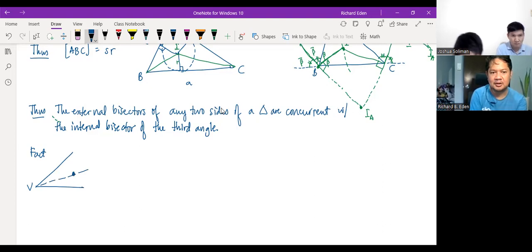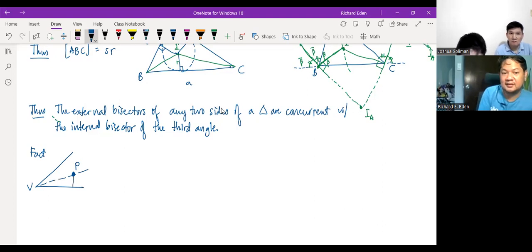Let's take any point P on the bisector and draw perpendiculars to both rays. Something is true about those perpendiculars: they are the same distance, equidistant. In other words, P is on the angle bisector of V if and only if it is equidistant from the two sides of the angle.